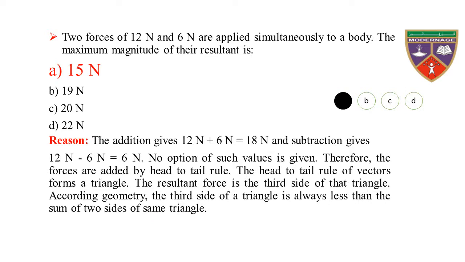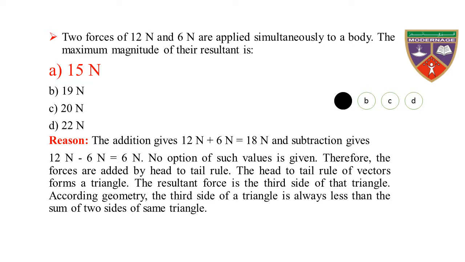Reason. The addition gives 12 Newton plus 6 Newton is equal to 18 Newton, and subtraction gives 12 Newton minus 6 Newton is equal to 6 Newton. No option of such values is given. Therefore, the forces are added by head to tail rule. The head to tail rule of vectors forms a triangle.